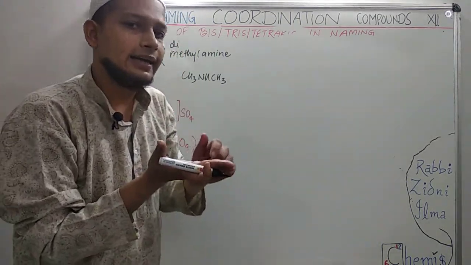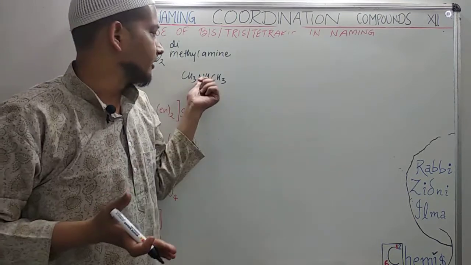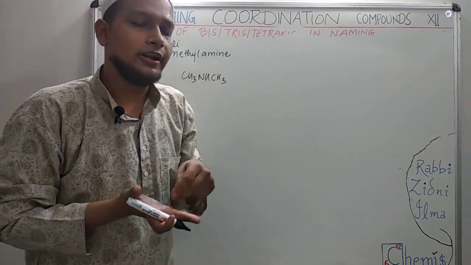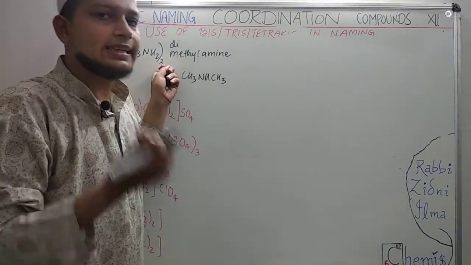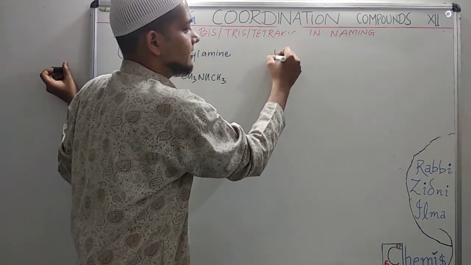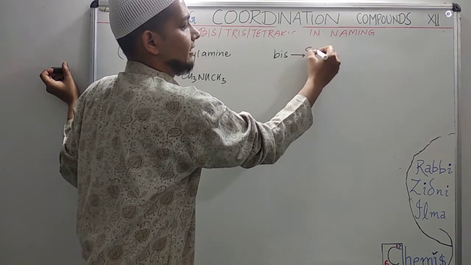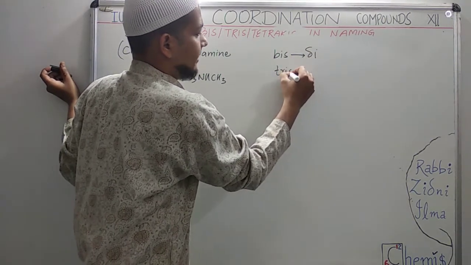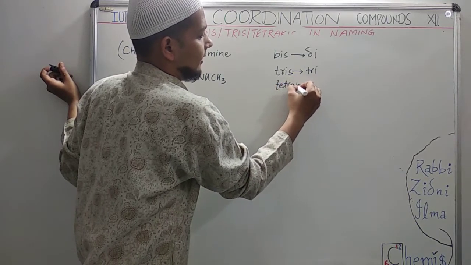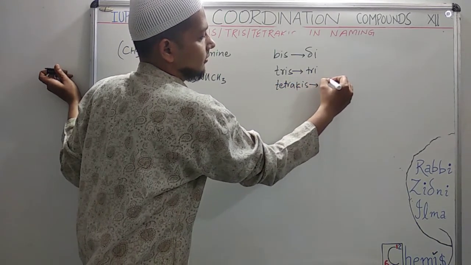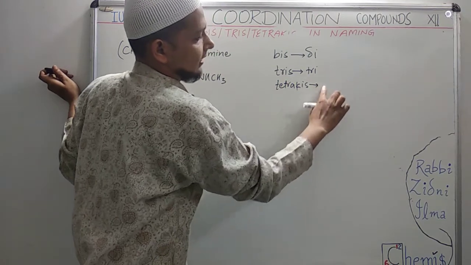If we add di and tri, it will create confusion because the corresponding compound could be something else. So in that case, IUPAC suggests use bis in place of di, tris in case of tri, and tetrakis in case of tetra.